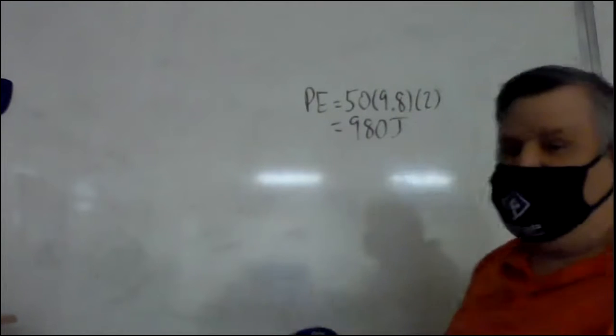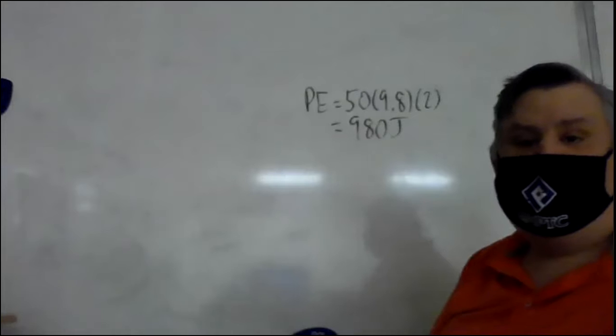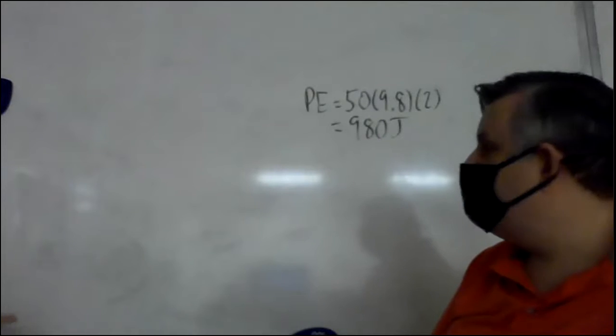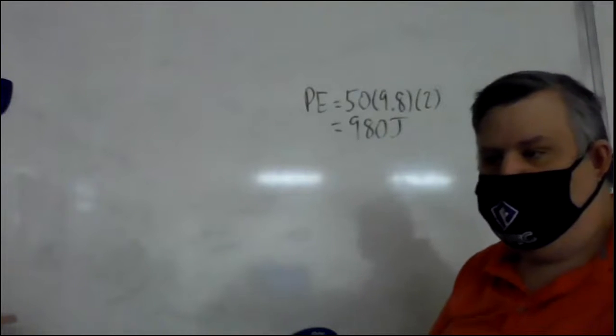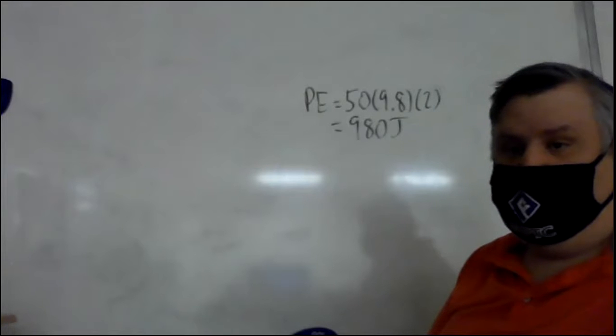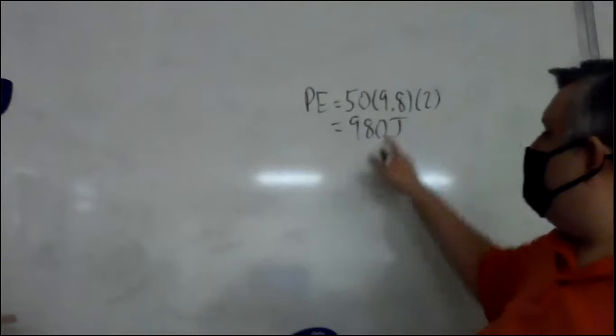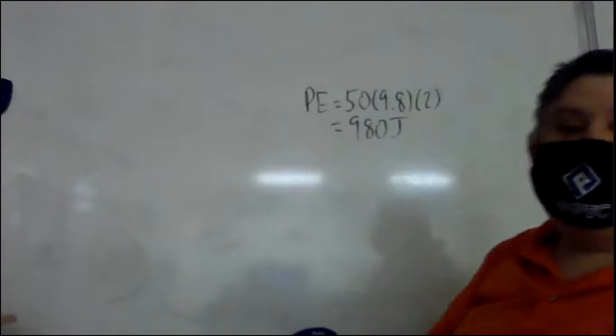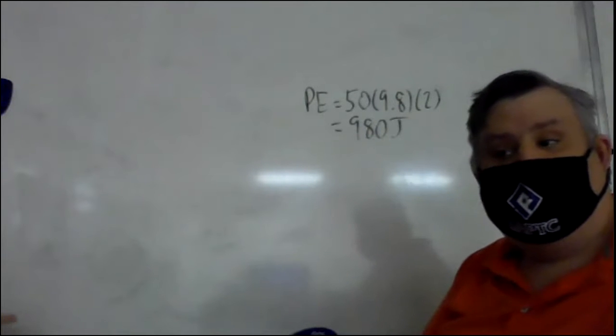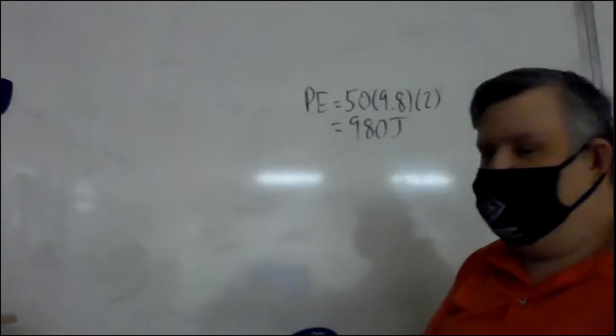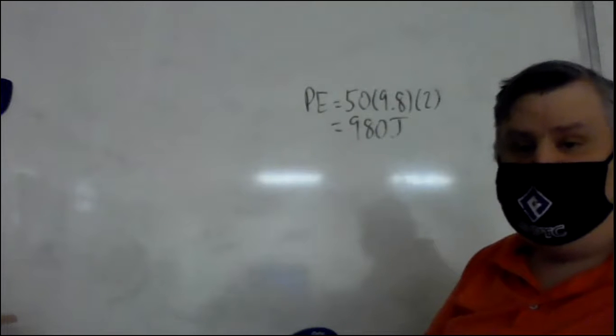You're going to get 980, and this is an energy, so it is in joules. The hardest part about the potential energy formula is remembering that 9.8 is going to be there even though the number isn't given to you. G will always be 9.8.